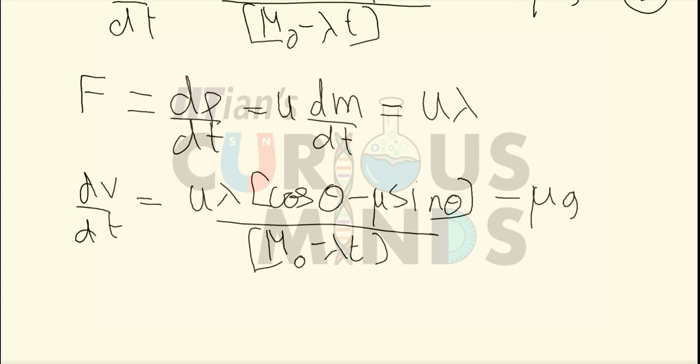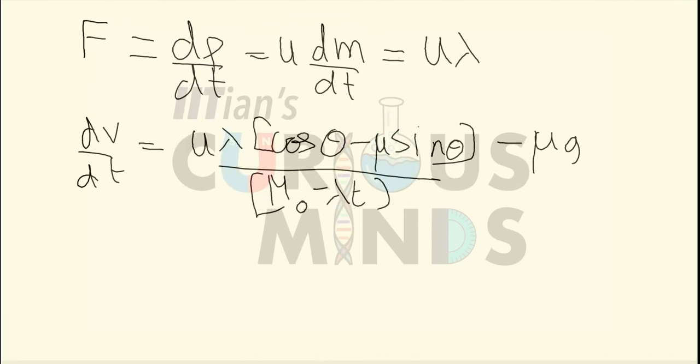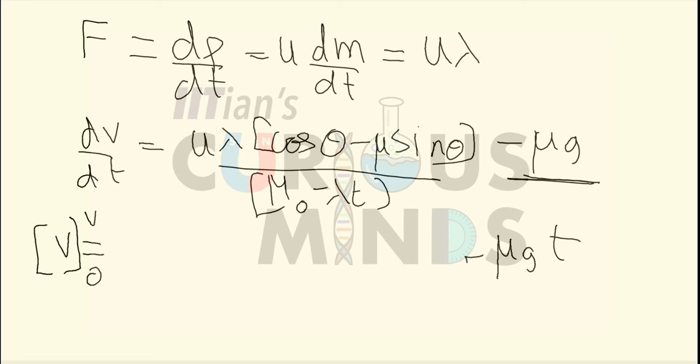Now the last thing we have to find out is the velocity, so I will integrate on both sides with respect to time. On the left hand side I will directly get the velocity. The limits are from 0 to v, since initially the cart was at rest. On the right hand side, let me integrate this part first, because this is simple. It will be simply integrated as minus mu g into t.